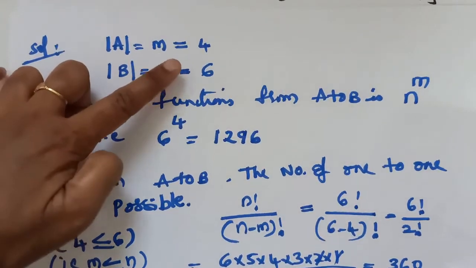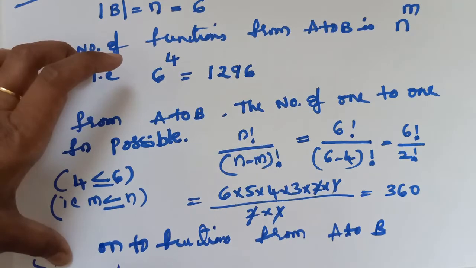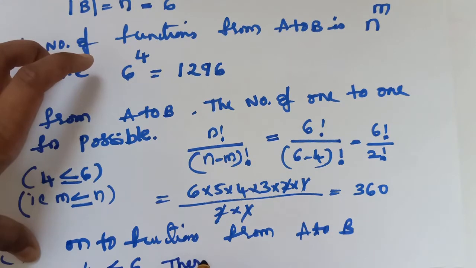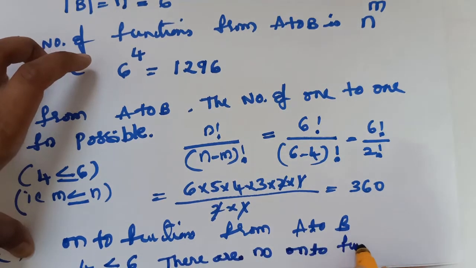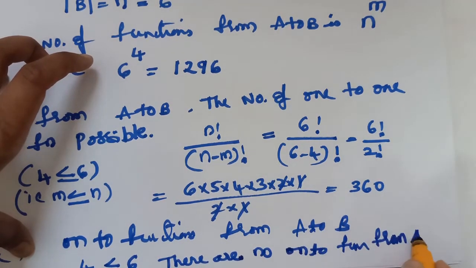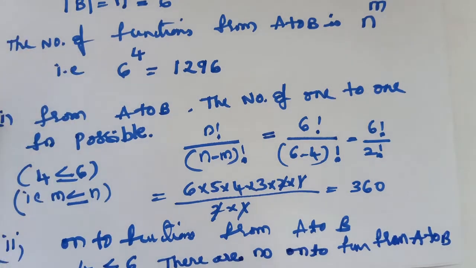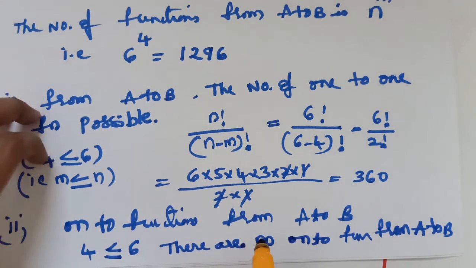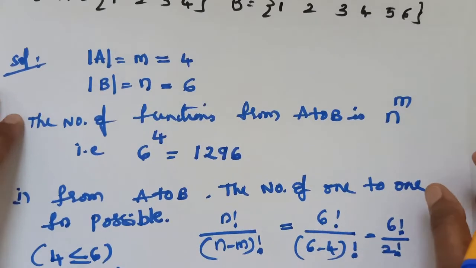Cardinality of A is 4, and cardinality of B is 6. When m is less than or equal to n, there are no onto functions from A to B. Okay, this is about the first bit.